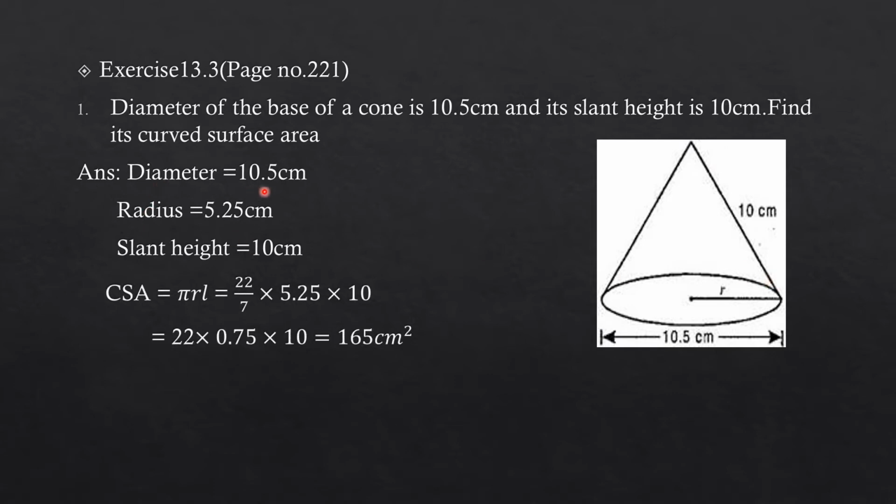Since diameter is given as 10.5, we can find radius is equal to 10.5 divided by 2, which is 5.25 centimeter.